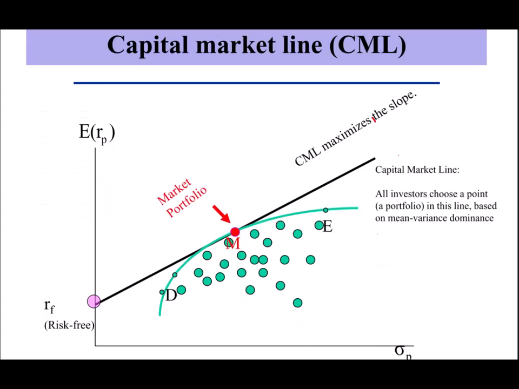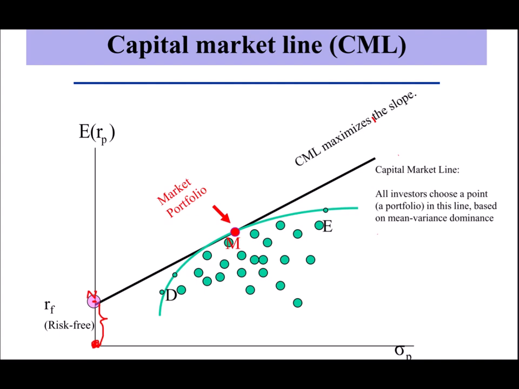Let's look at this pink point here. It has zero standard deviation. So this is the risk-free asset with this return, the risk-free return. Once we introduce the risk-free asset, we can think about portfolio choice again. We're going to form a portfolio of the risk-free asset and one risky asset.